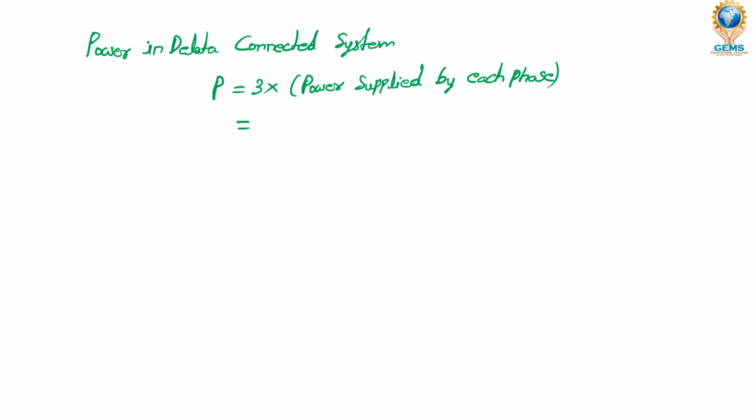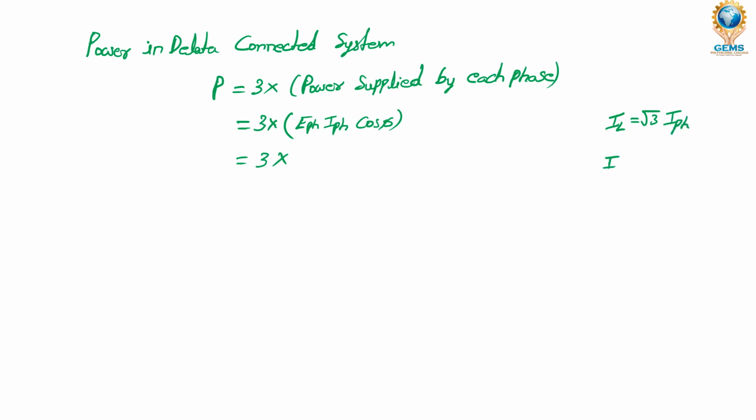Now 3 into what is power supplied by each phase? Current in phase. The power formula is E phase, I phase, cos phi. 3 into, what is the formula we have? IL equals root 3 I phase.